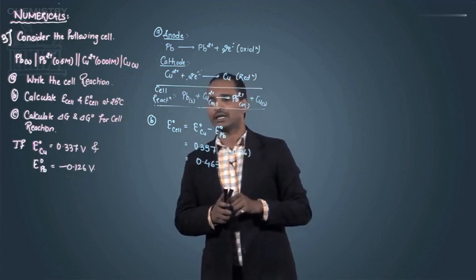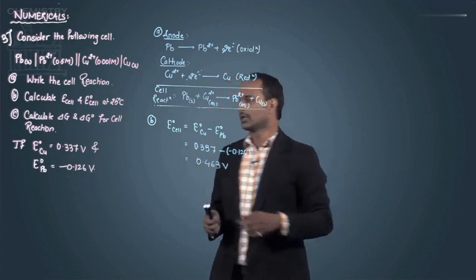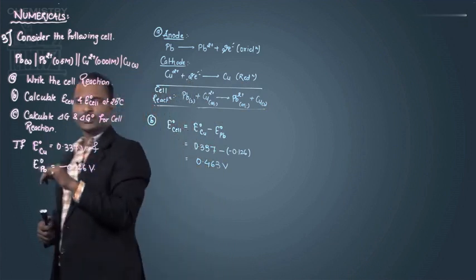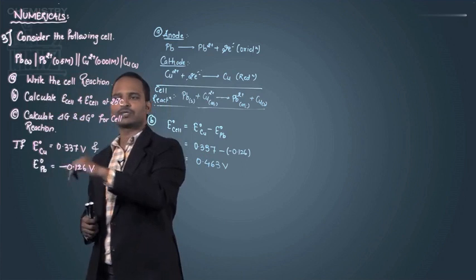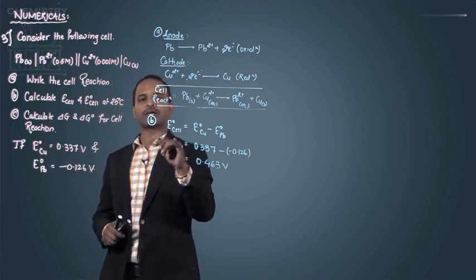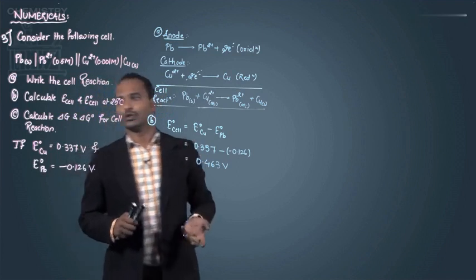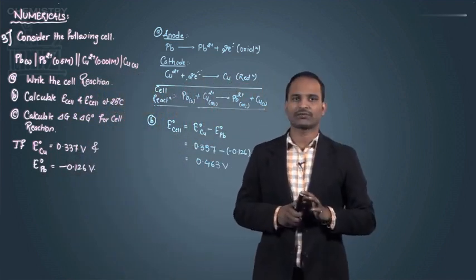Then we have to calculate E cell, that is the cell potential. Once I have E naught, if the E naught standard electrode potential is given, then from that we can calculate the standard cell potential. If the E value is given, then we can calculate E cell. So from the standard value we can calculate only the standard cell potential. To get that E cell, we are going to use the Nernst equation.